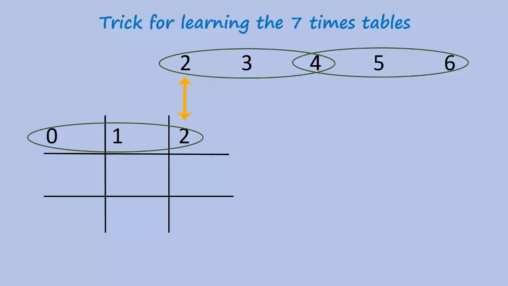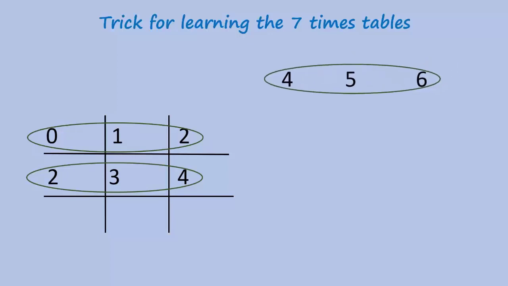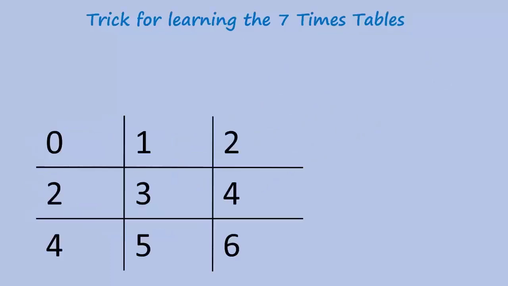There was a 2 in each of those loops, or the snakes if that's what you'd like to call them. So we bring down the next snake and we have 0, 1, 2 in the top row, 2, 3, 4 in the middle row, and then in the final row we have 4, 5, 6. Just make that a bit bigger so you can see it better.